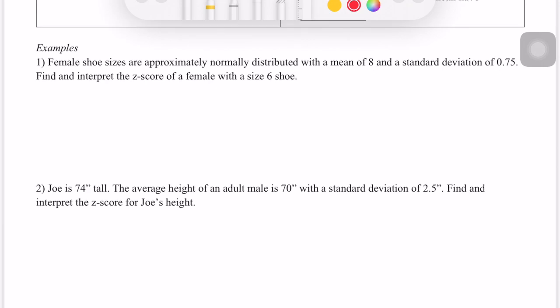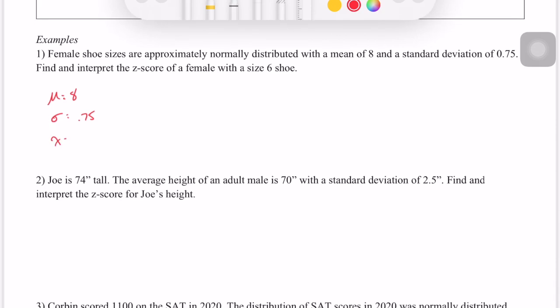Female shoe sizes are approximately normally distributed with a mean of 8 and a standard deviation of 0.75. I like to write that down. Find and interpret the z-score for a female with a shoe size of 6. So that is what we call our x.